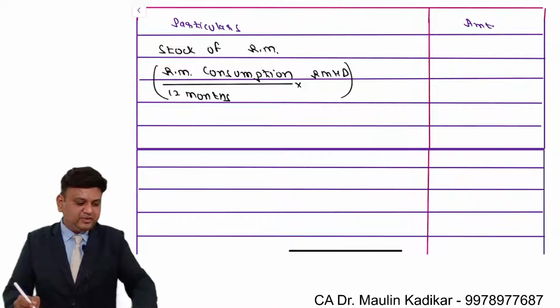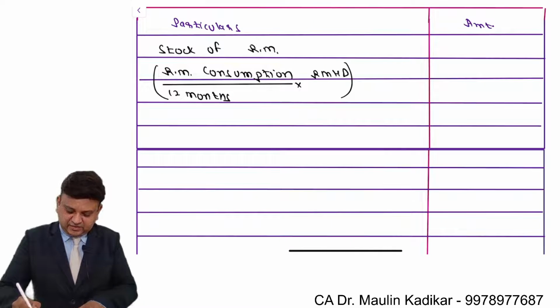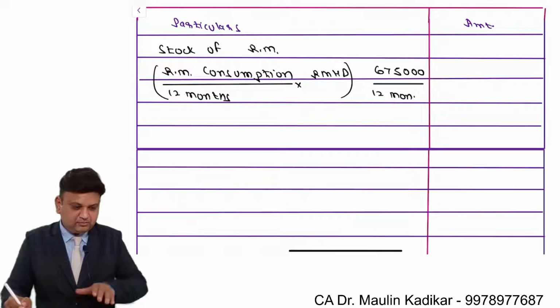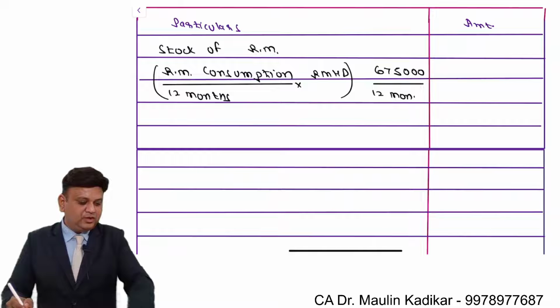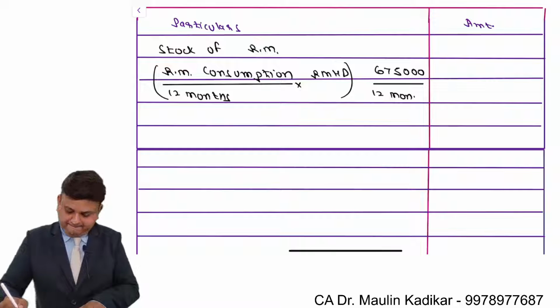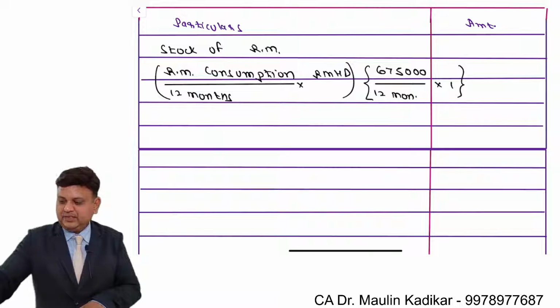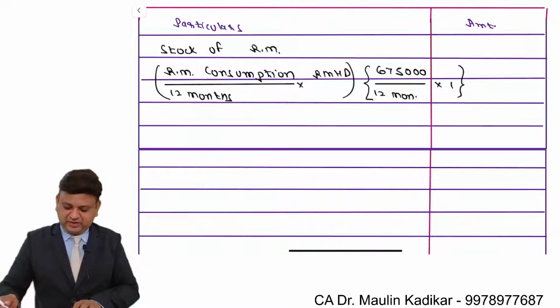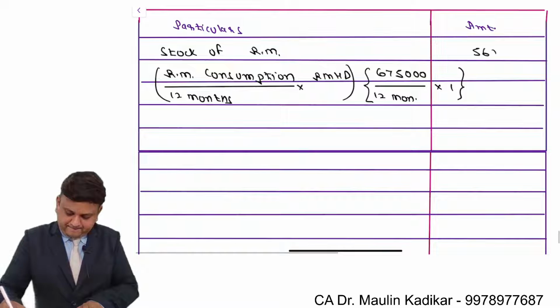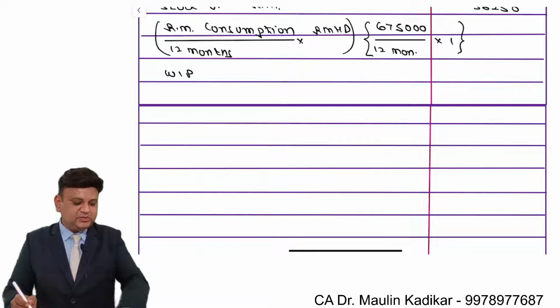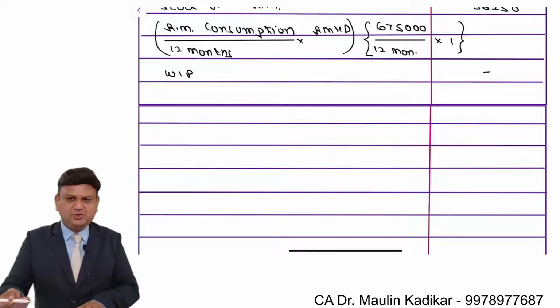What is the consumption of the raw material provided to us? 6,75,000 divided by 12 months into raw material holding period, which is provided to us as 1 month. 675 upon 12, 56,250. Next is WIP, but in this question it has been given that we ignore WIP, so 0.